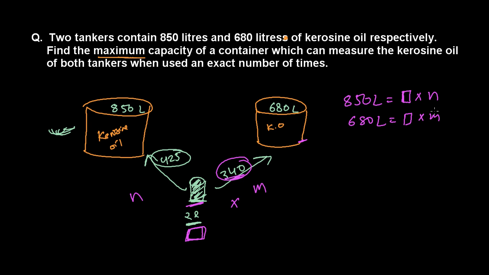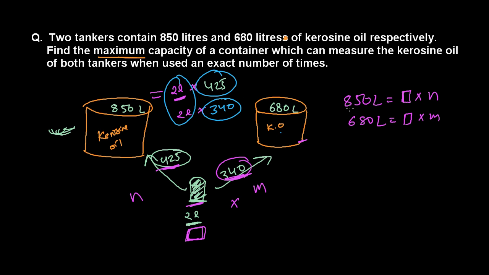Like 850 can be written as 2 liters times 425, and 680 as 2 liters times 340. So the bigger tanker is 425 and the smaller tanker is 340 exact times the 2 liter container.